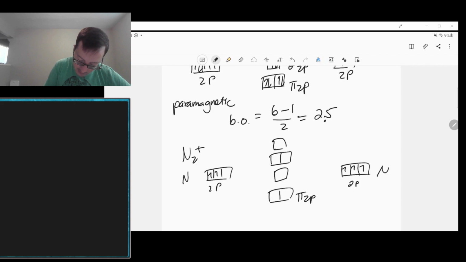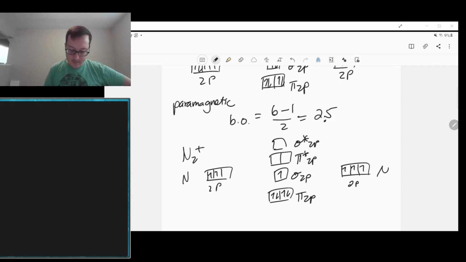Pi 2p, sigma 2p, pi star 2p, sigma star 2p. 1, 2, 3, 4, 5. So this would also be paramagnetic.